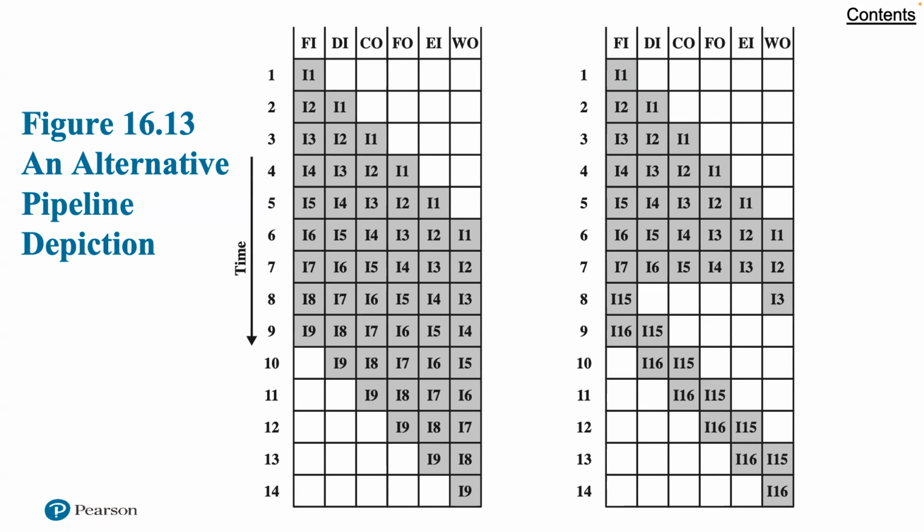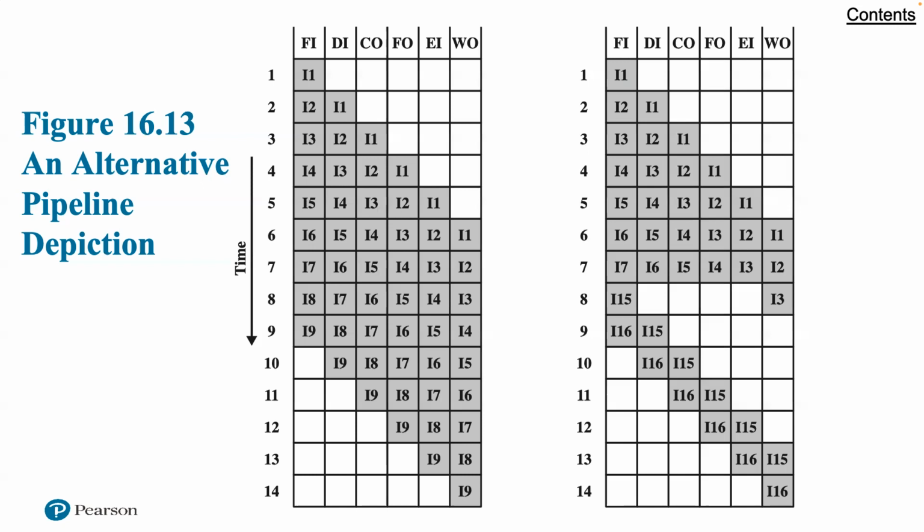In figure 16.13a, which corresponds to figure 16.10, the pipeline is full at time 6, with 6 different instructions in various stages of execution, and remains full through time 9. We assume that instruction 19 is the last instruction to be executed.